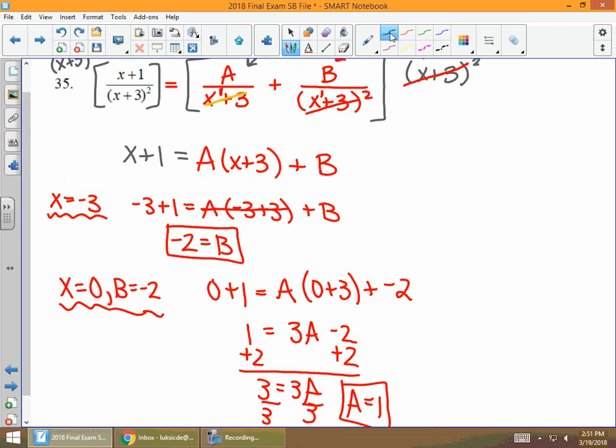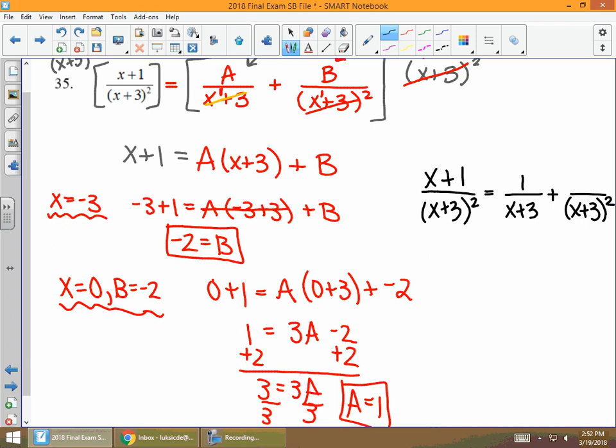So our original problem was x plus 1 over x plus 3 quantity squared. And decomposed, our two denominators are x plus 3 and x plus 3 squared. And our numerator a goes over the singlet x plus 3, that's 1.